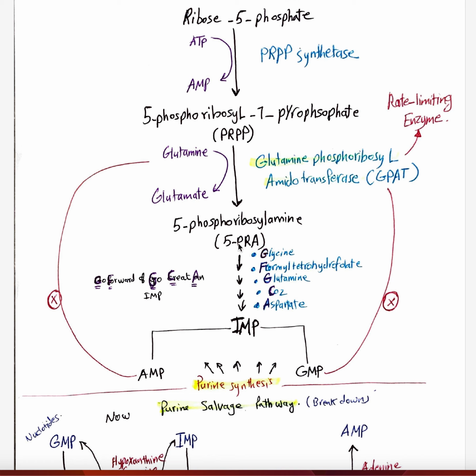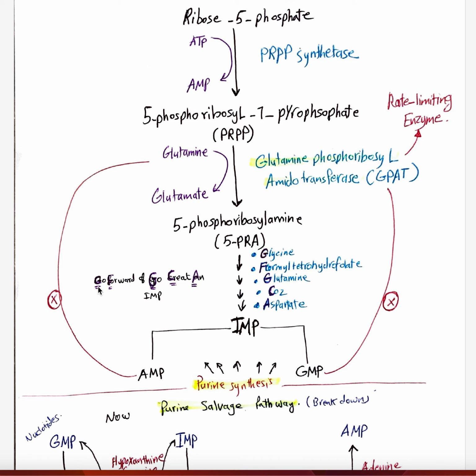And then it will go through several reactions till it reaches the inosine monophosphate. In these reactions, we use glycine, formyl tetrahydrofolate, glutamine, CO2, and aspartate. To be able to memorize this, we make a mnemonic: go forward and go create an IMP.